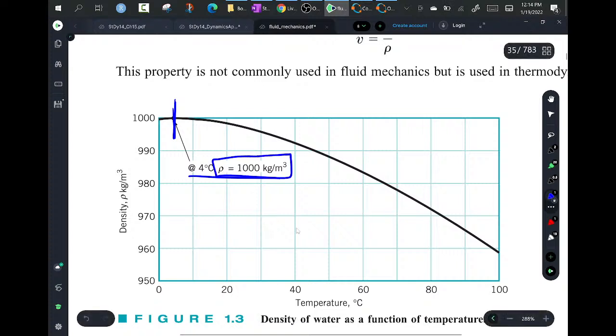At 4 degrees, it runs at around 1,000 kilograms per cubic meter. You get a little colder than that, say 3 degrees C or something like that, and it starts dropping below 1,000. Up here, it drops quite a bit. Back here, it doesn't drop as much, but it drops quite a bit up here.